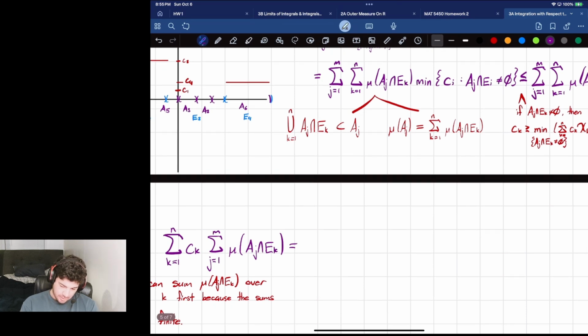Okay, this leads to the sum from k equals 1 to n of ck times the measure of Ek.